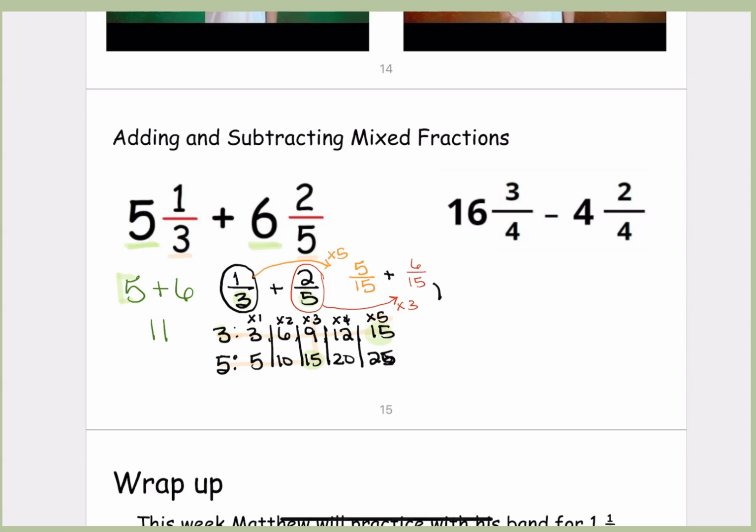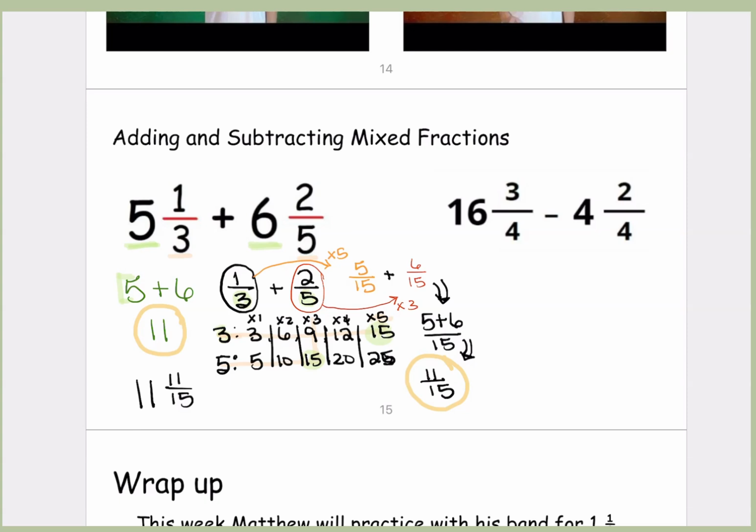That's going to bring me down to my in-between step, 5 plus 6 over 15, which is 11 over 15. Now I have to remember that I have my whole number portion and my fraction portion that I need to put back together using addition. So the answer to this problem would be 11 and 11 over 15.